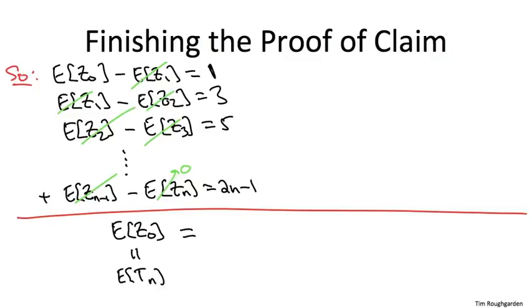So what does the right-hand side sum to? Well, an easy way to think about it is just to group the first row with the last row, the second row with the second to last row, and so on. For example, if n is equal to 100, we're going to group 1 with 199, 3 with 197, 5 with 195, and so on. So each of these groupings is going to give us 2n, and if n is even, there's going to be n over 2 of these pairs, giving us a total of n squared.